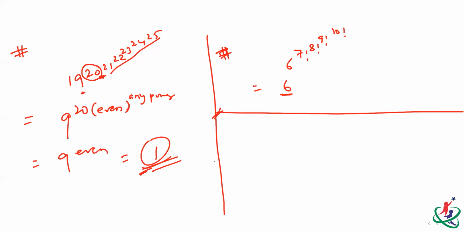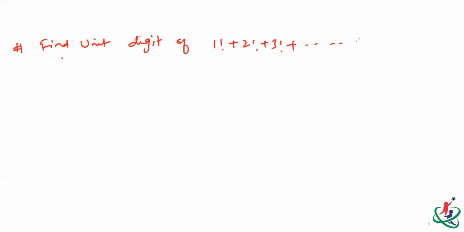I'll take one interesting question based on it only. If I ask you to find the unit digit of 1 factorial plus 2 factorial plus 3 factorial plus dot dot dot, let's say up to 10 factorial, how will you do it?